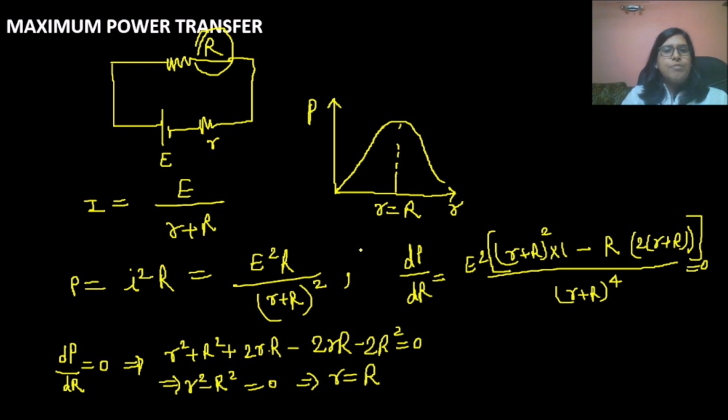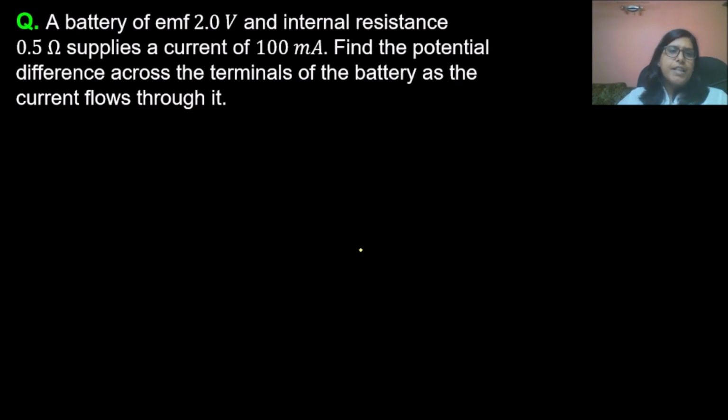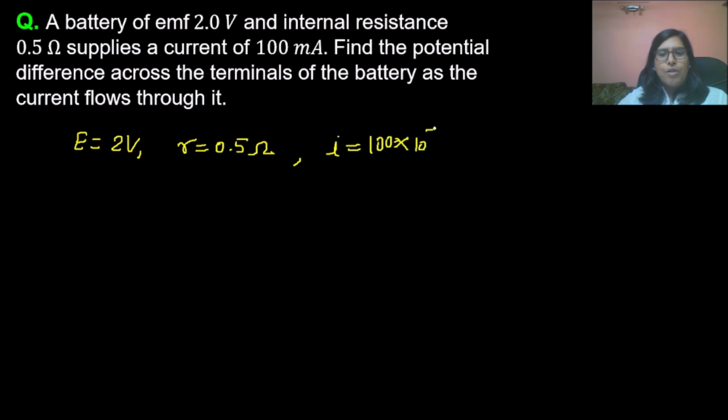Now we will solve some simple questions. First is a battery of EMF 2 volt. So E is 2 volt, internal resistance is 0.5 ohm, a current of 100 milliampere, that means 100 into 10 raised to power minus 3 ampere. Find the potential difference across the terminal of the battery as the current flows through it.